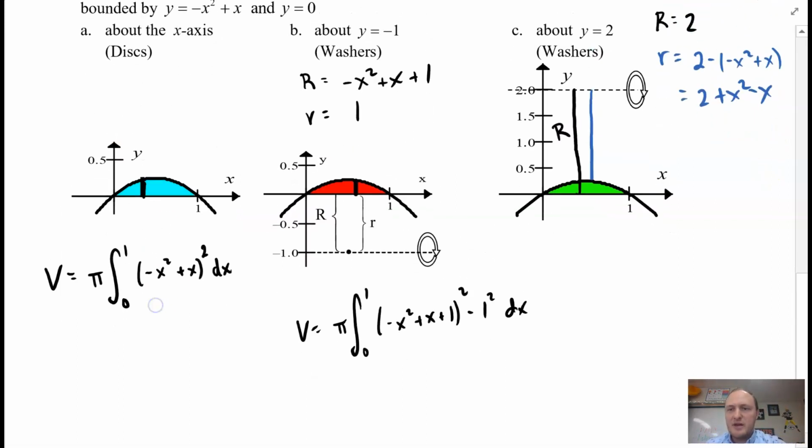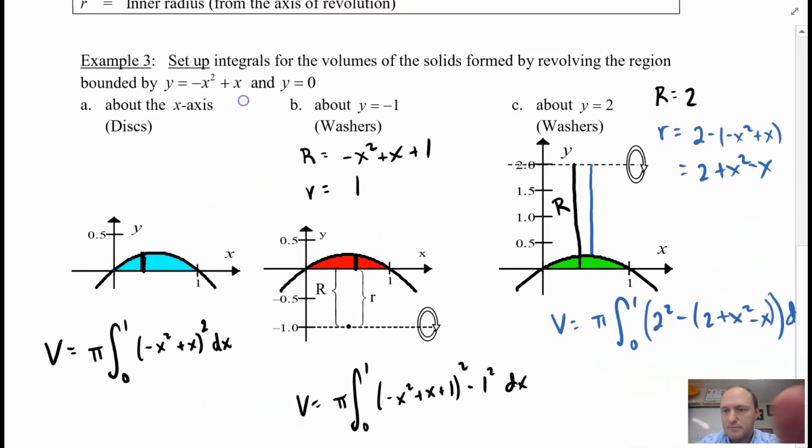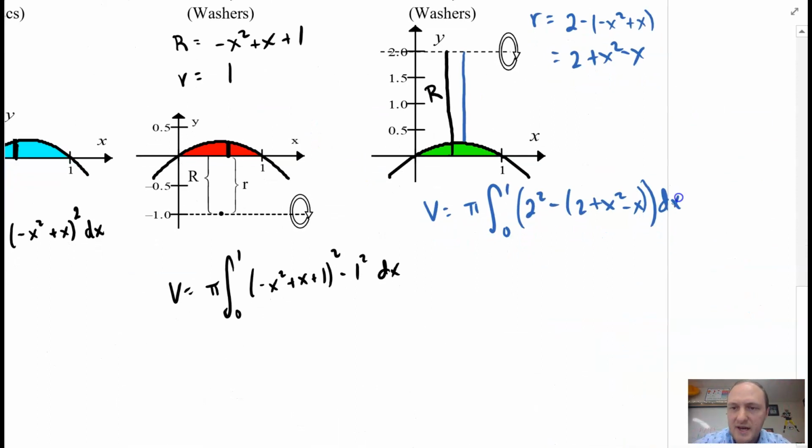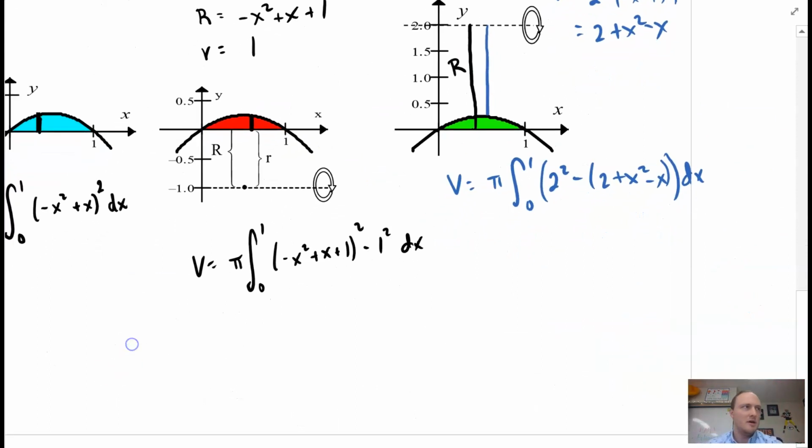So here our volume will be pi times the integral from 0 to 1 of big R squared, 2 squared, minus your little r squared, which will be 2 plus x squared minus x, squared, dx.